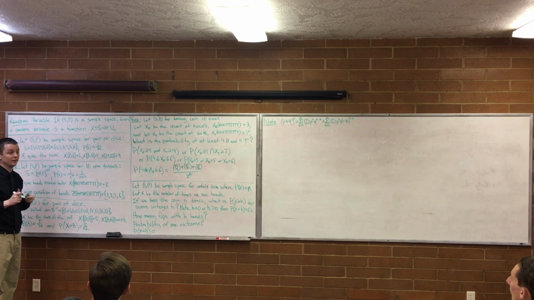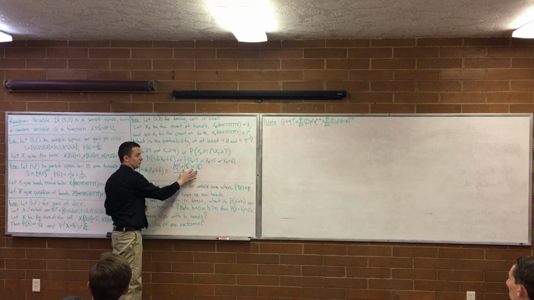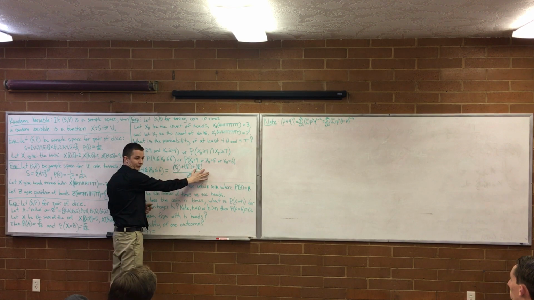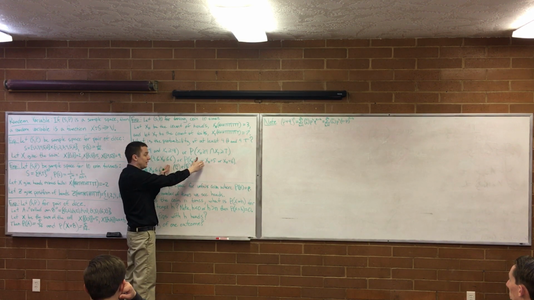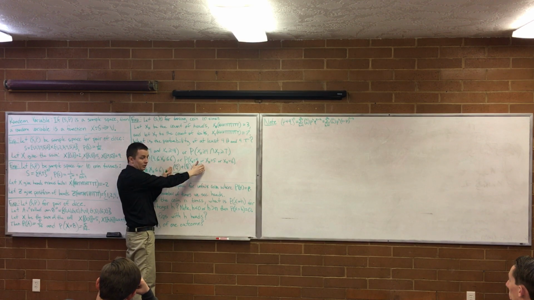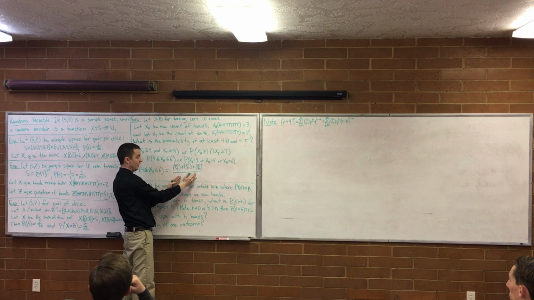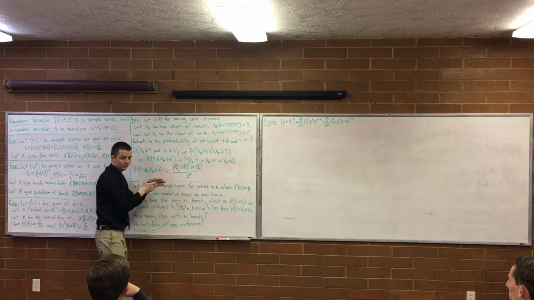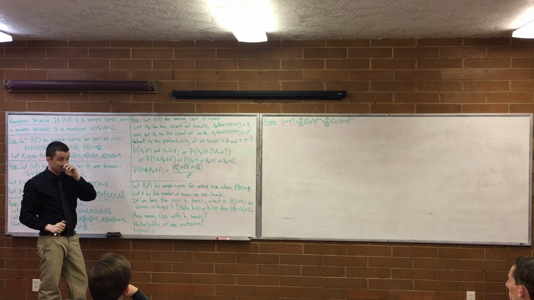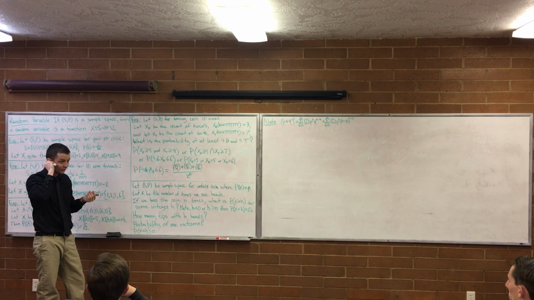The numerator is, this is how many ways we can get exactly 4 heads, this is how many ways we can get exactly 5 heads, this is how many ways we can get exactly 6 heads. So this whole thing is how many ways we can get at least 4 heads and 4 tails. And this is how many ways we can flip. Here's the probability, since they're all equally likely.